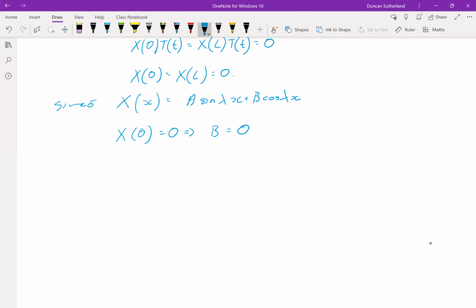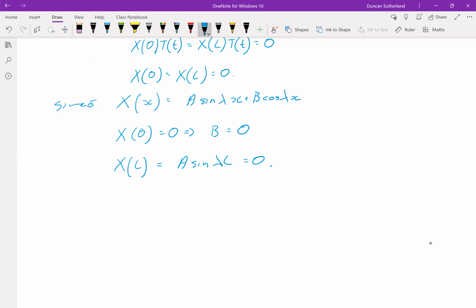That's what we're going to get when we plug in that boundary condition. On the other end, now we know B is 0. X of L equals A sine lambda L, and that's got to be equal to 0 as well by the boundary condition.